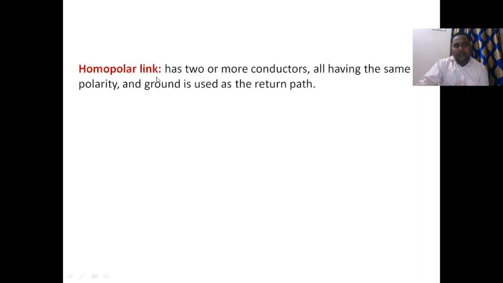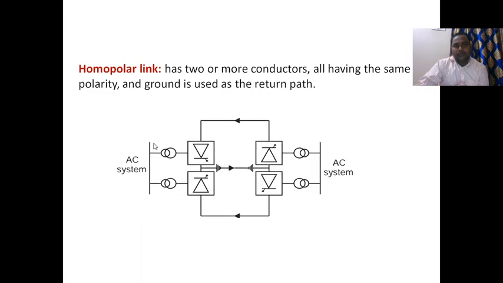Homopolar link has two or more conductors, all having the same polarity, and ground is used as the return path. Please see the homopolar link. They have a number of conductors, conductor 1, 2, 3, all having the same polarity, usually negative. Why do we use negative?